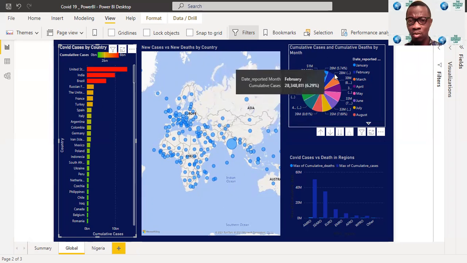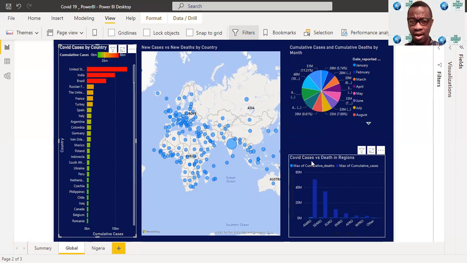So this shows cumulative COVID-19 cases as well as death by year. Here are also the regions, COVID-19 cases compared to death in various regions.